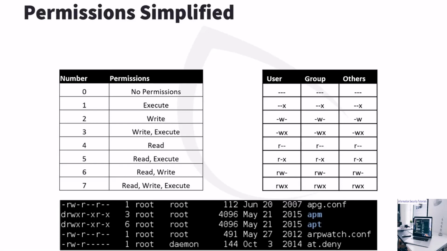So if we want to give a specific user the full permission, for example, we can use the number 7, which means he has read, write, and execute.